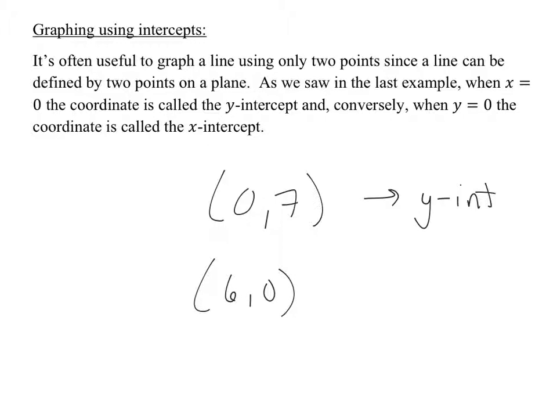Recognize something, and this is something that every year some students still struggle with. The y-intercept has x as 0, and the x-intercept has y as 0, and this always happens. You can find these intercepts by just setting 0 equal to one of them in the equation. So when we want to find the y-intercept, just set x to 0.